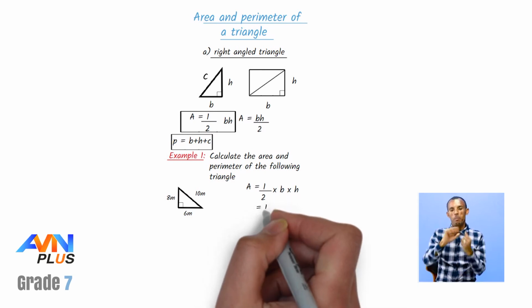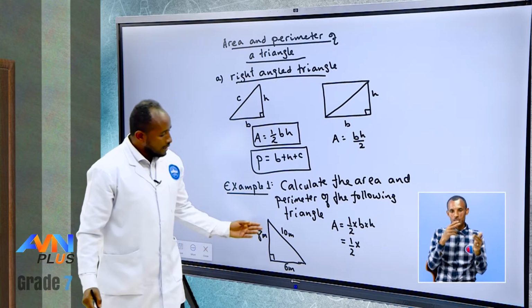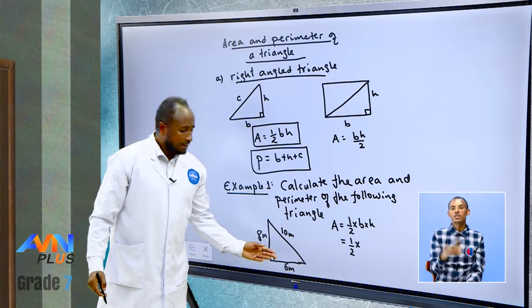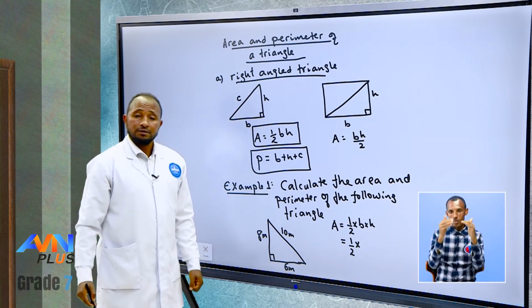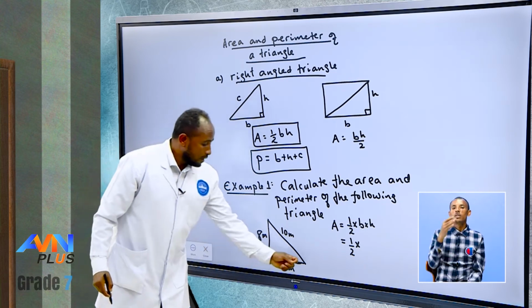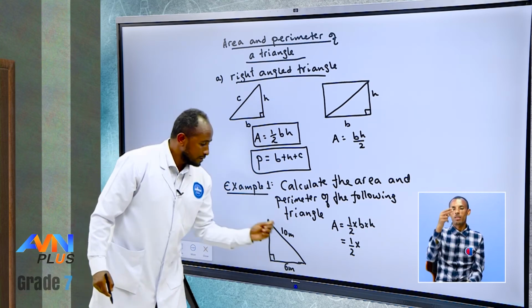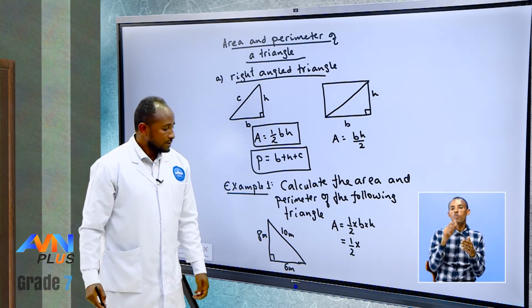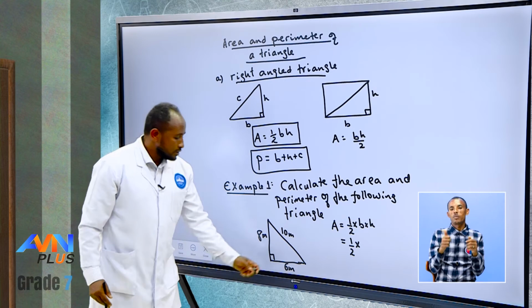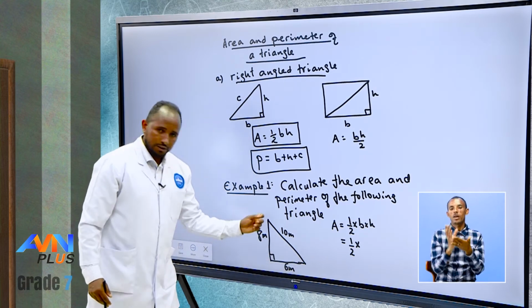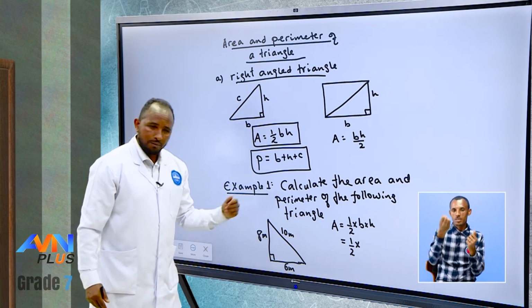So, this will be equal to half times, and the base and the height of this triangle are the sides that make 90 degrees. Therefore, one of them is a base, the other one is the height. So base and height are perpendicular to each other. Therefore, you take these two sides. So the base is 6, the height is 8 meter.